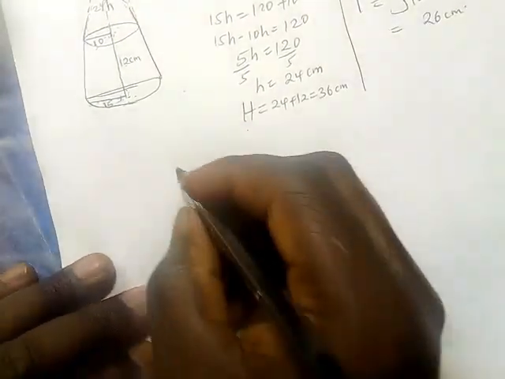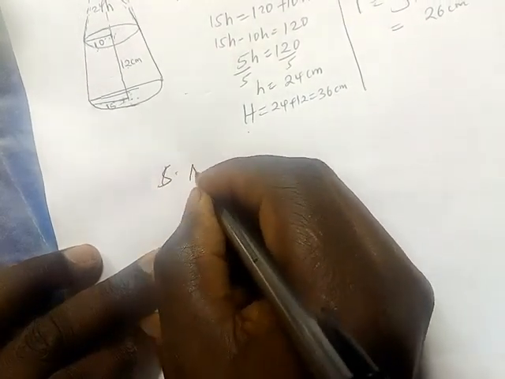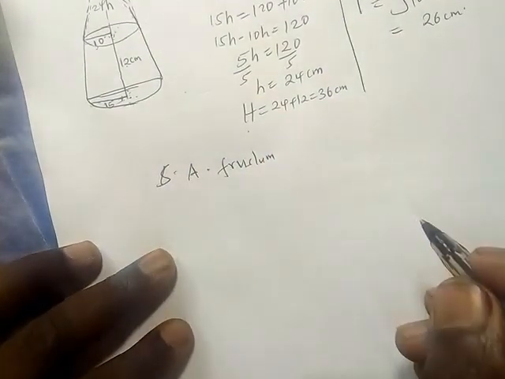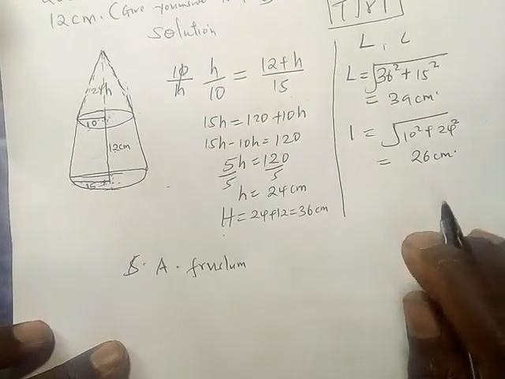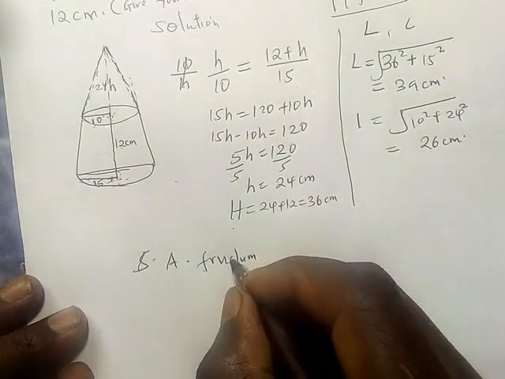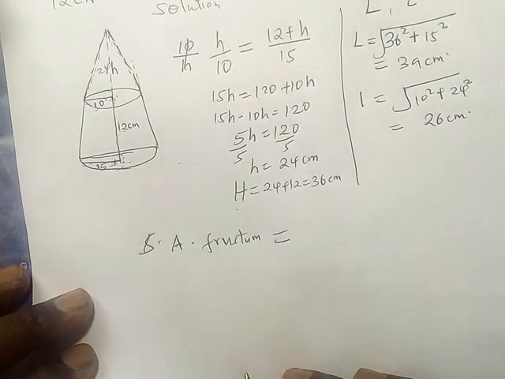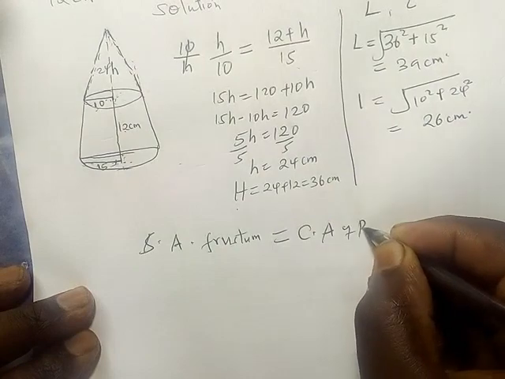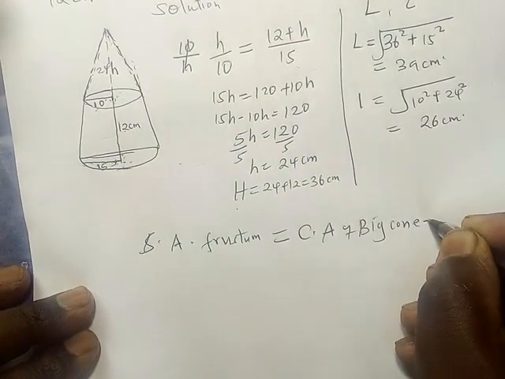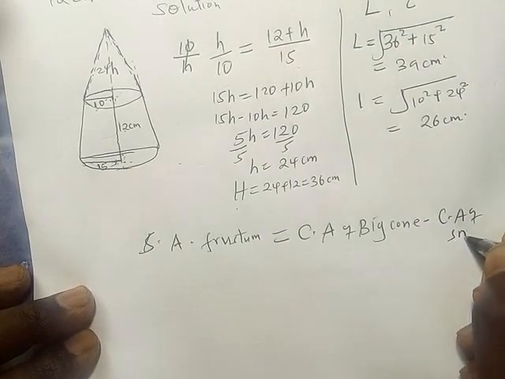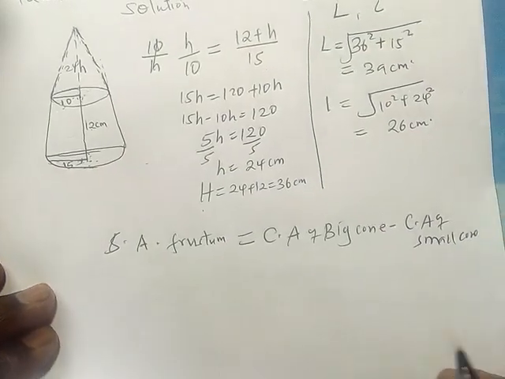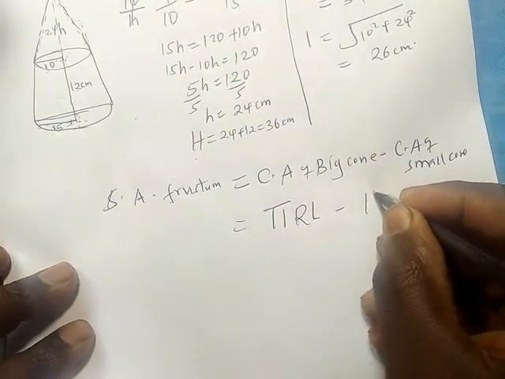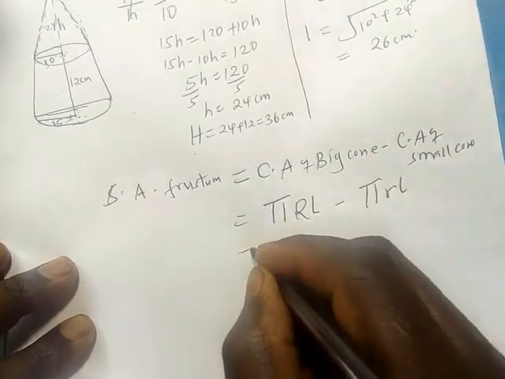Now, having that, we know that the surface area of a frustum is given by the curved area of the big cone minus the curved area of the small cone, which is equal to pi RL minus pi rl.